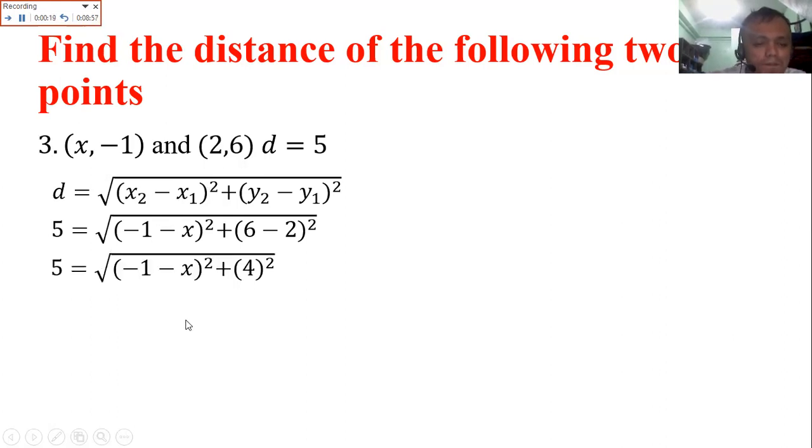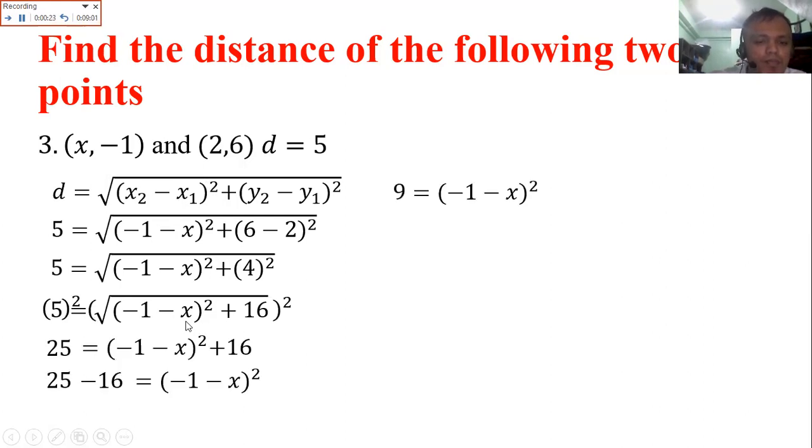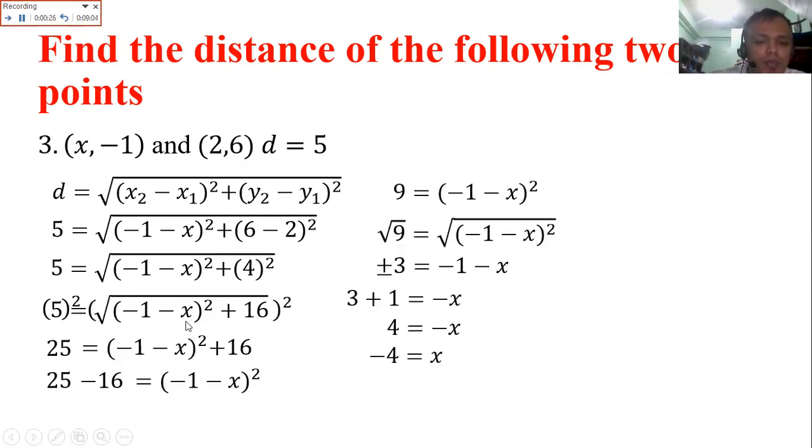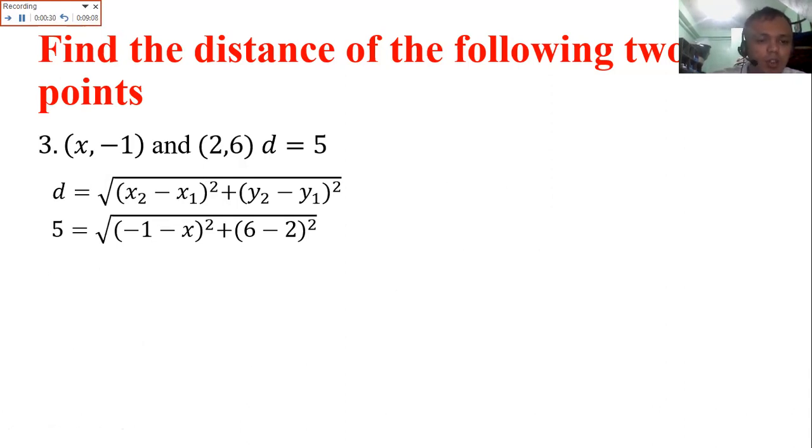Wait lang. Okay, ayusin ko lang ha, para magtugma dito sa solution. Kasi kung solution ang ulitin ko, magtatagal. So, yung x sub 2 natin dito is negative 1.